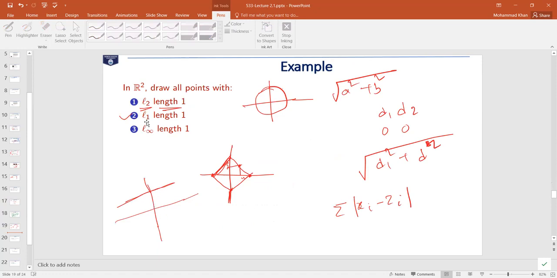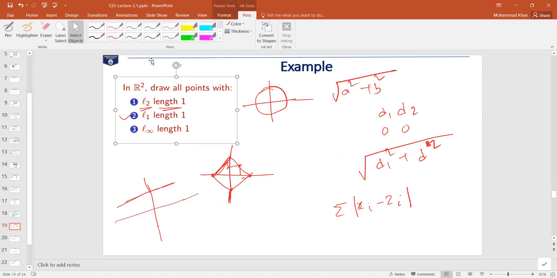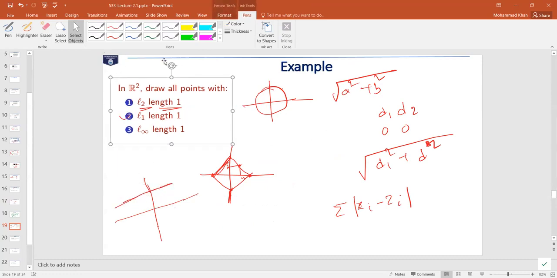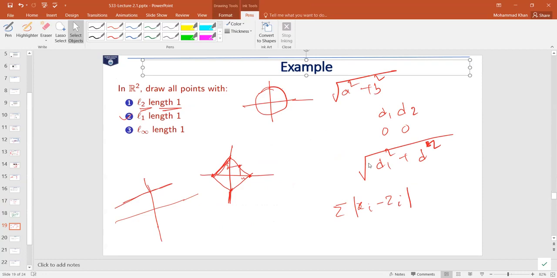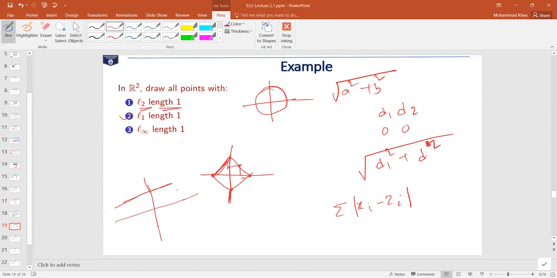So all the points with x equals 1 or x equals minus 1, and all the points with y equals minus 1 or y equals 1. That means all the points on this boundary.